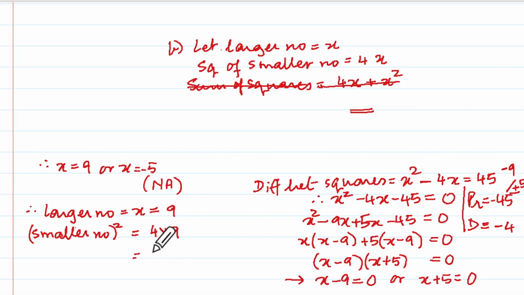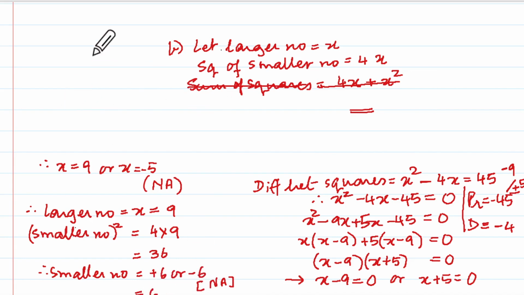Which is equal to 36. Therefore smaller number will be equal to, since I have taken positive, you can say plus 6 or minus 6 you could say, and again write not applicable and equal to 6.